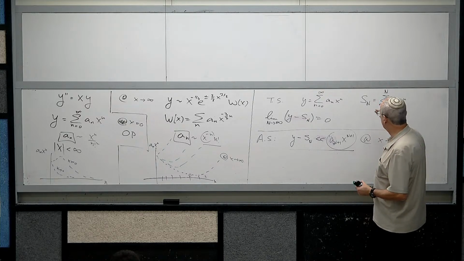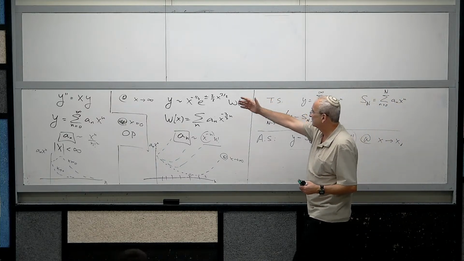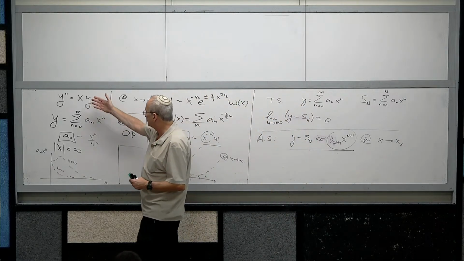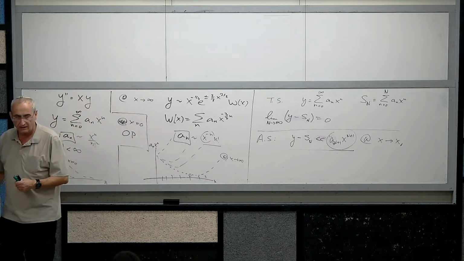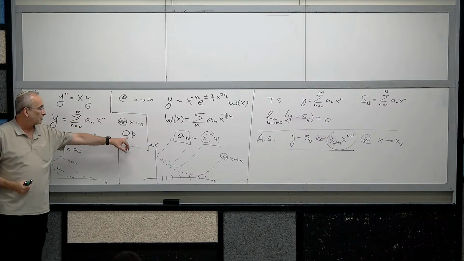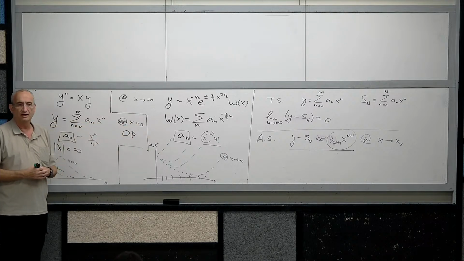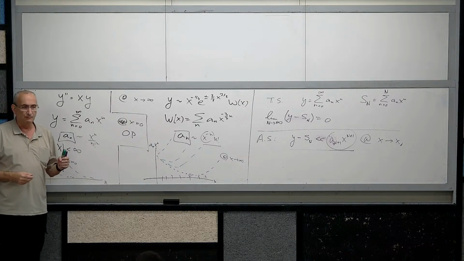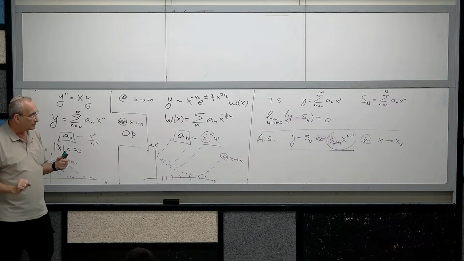But these are the differences between asymptotic series and Taylor series, right? One of them is what we get when we expand around the ordinary point, and this one is what we get when we expand around an irregular singular point.